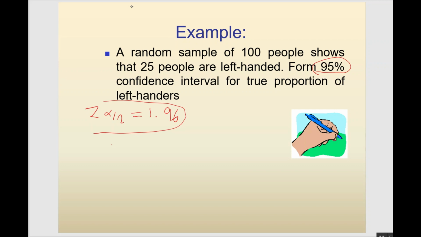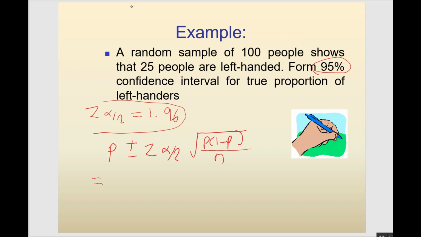Basically, the formula is here: proportion plus minus Z alpha divided by 2, times the square root of proportion times 1 minus proportion of your sample, divided by n. So you plug in the information. What information do you have here? You have your proportion.